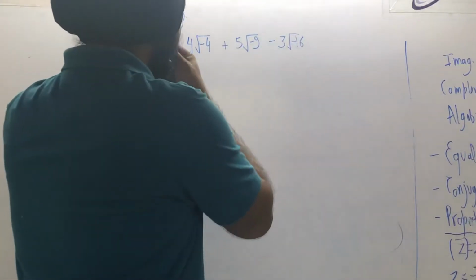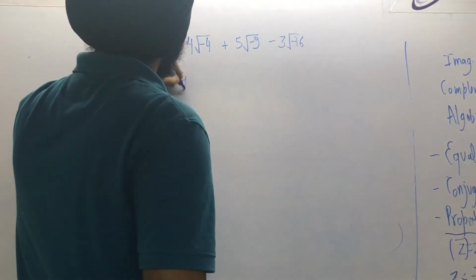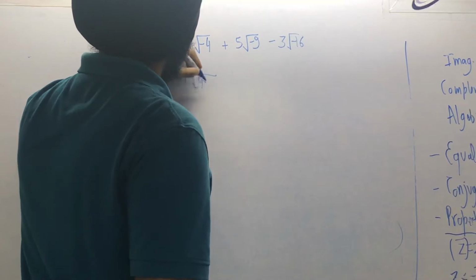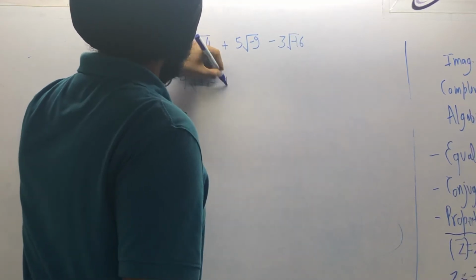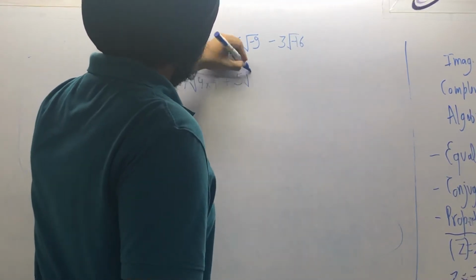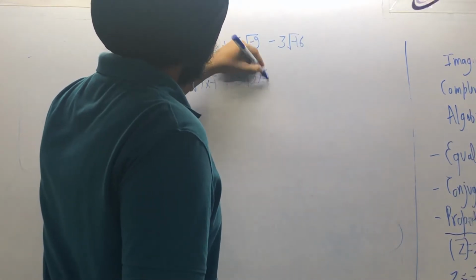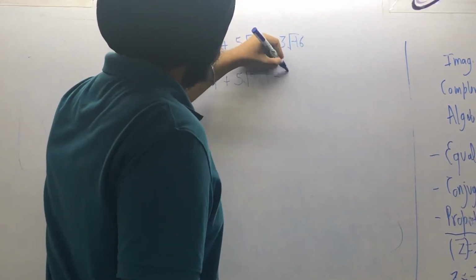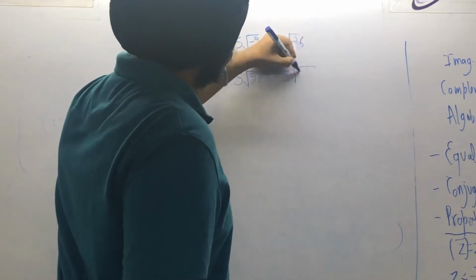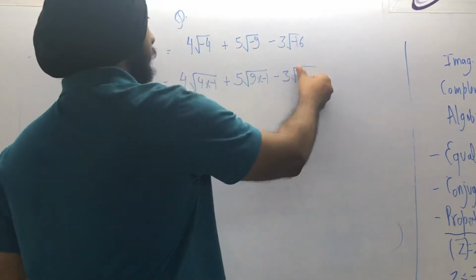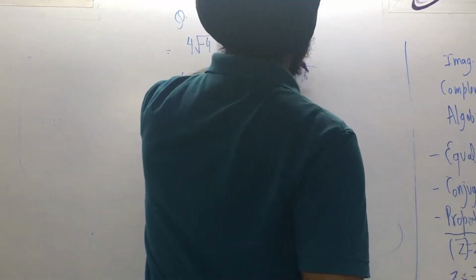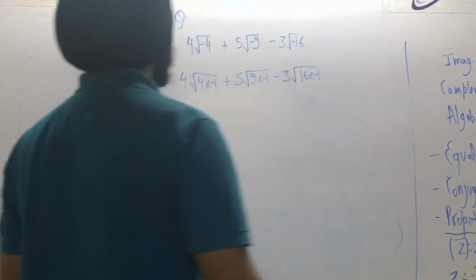So how will you write? First of all, just see carefully. You can write like this: 4 into minus 1 plus 5 under root 9 into minus 1 minus 1.